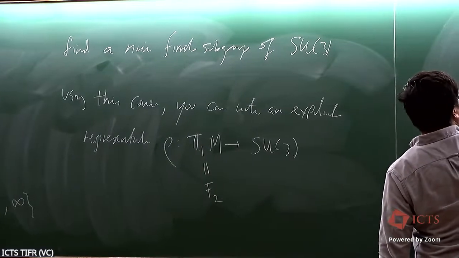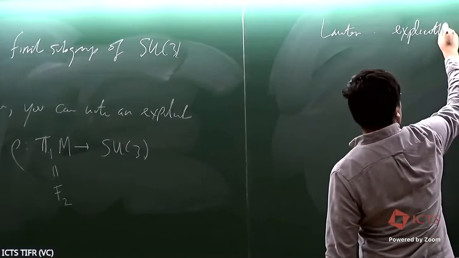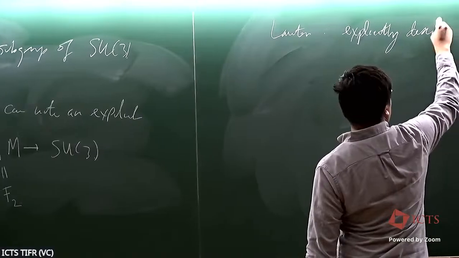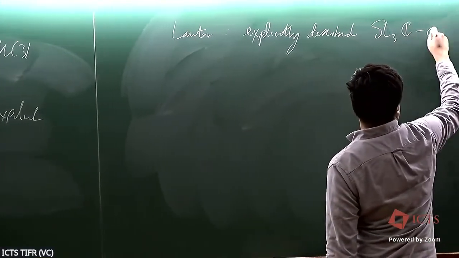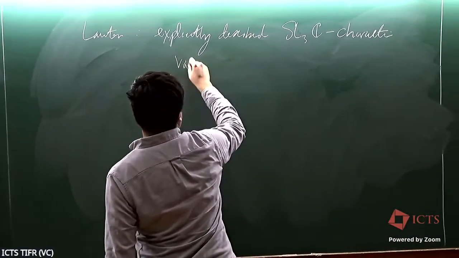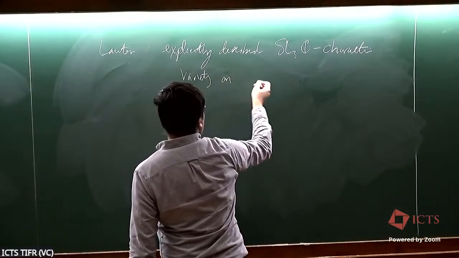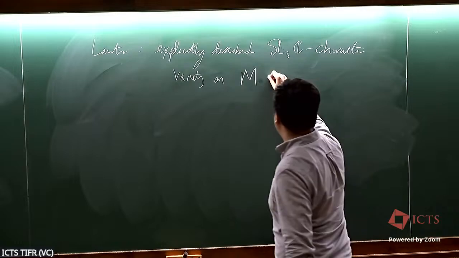Okay, so kind of the last step is that you use this very nice thesis of Lawton, who has explicitly described the SL3C character variety on the thrice punctured sphere. So let me write M here, okay, via trace coordinates.